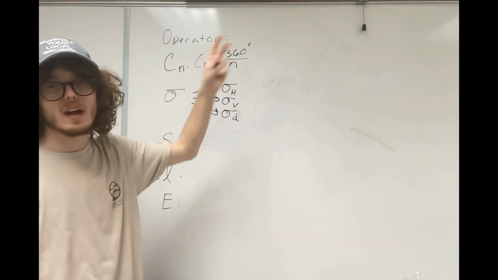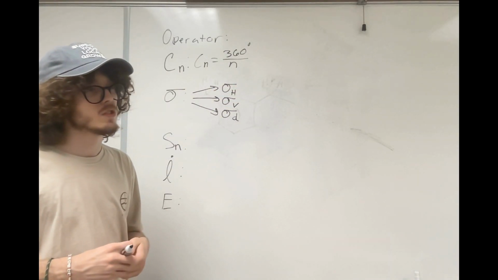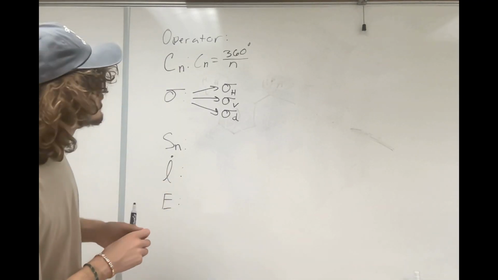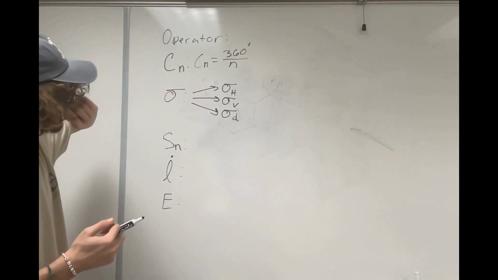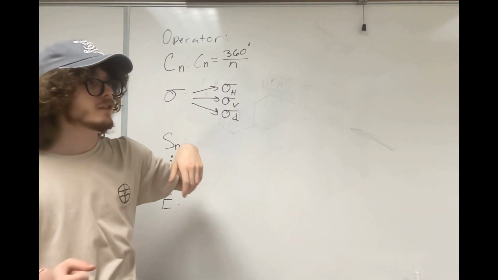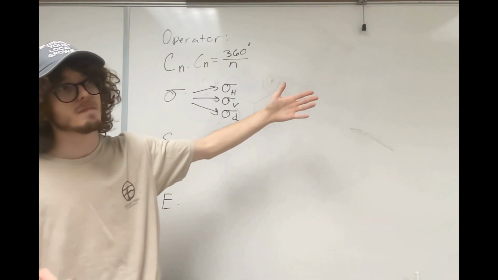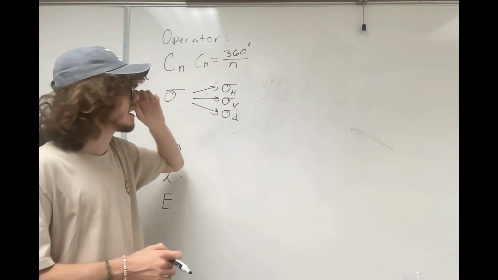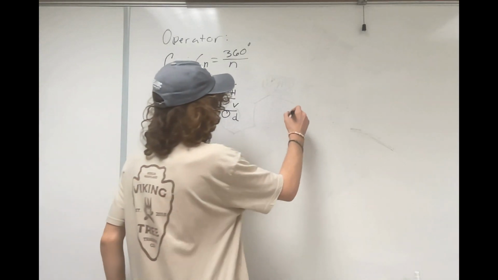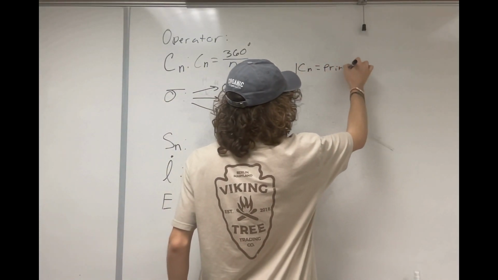So in our example, I already erased it, sorry, but the boron trihydride that we looked at, what we noticed with that was that C3 was the highest number for n. So whatever gives you the highest n, no other real way to say that nicely, that is going to be your principal axis. So let's just say we have some Cn that is also the principal axis.